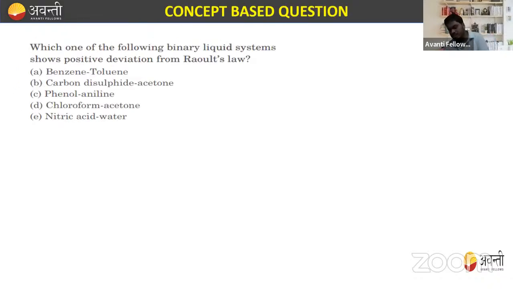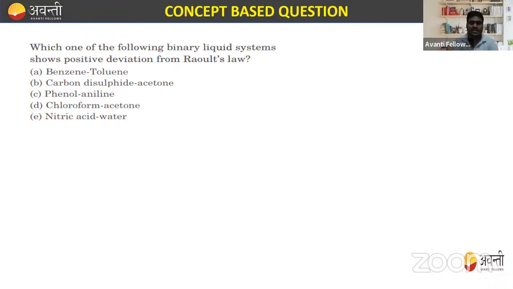Now, the next question that is asked related to this topic: which one of the following binary liquid systems shows positive deviation from Raoult's law? So this question is also based upon examples of positive and negative deviation. So this is very important, beta. Always try to learn the examples of the different types of solution, whether they show positive deviation or negative deviation, because many times questions are asked directly based on the examples.